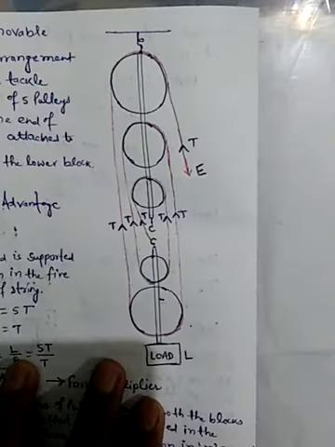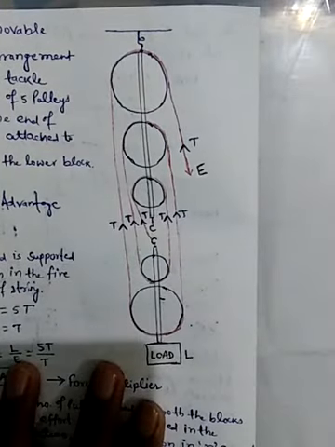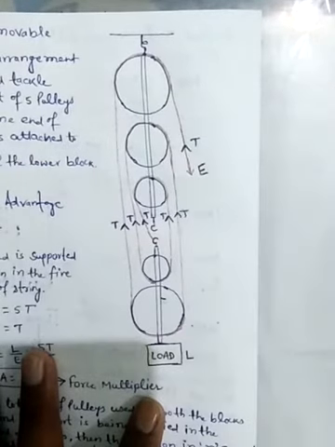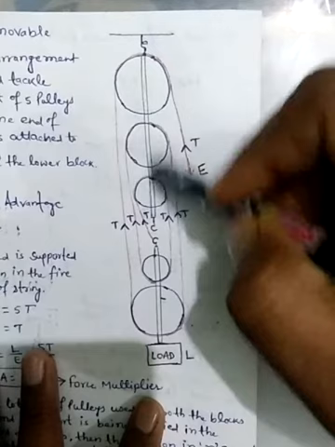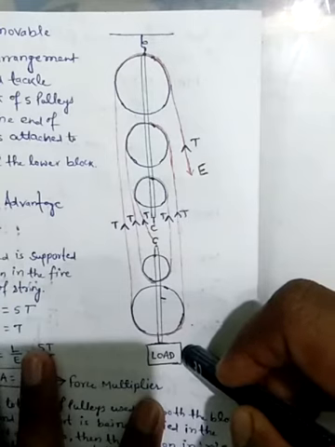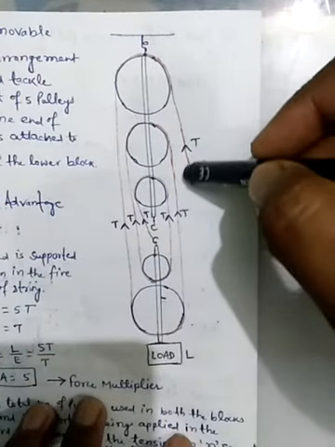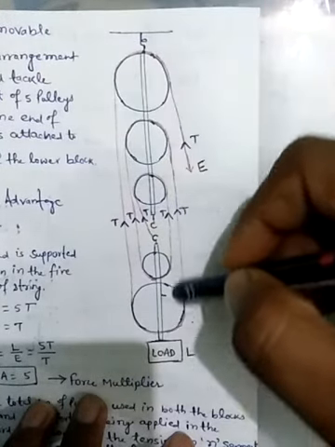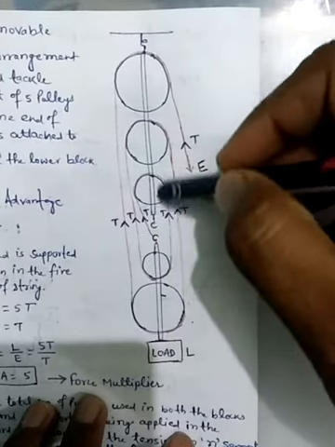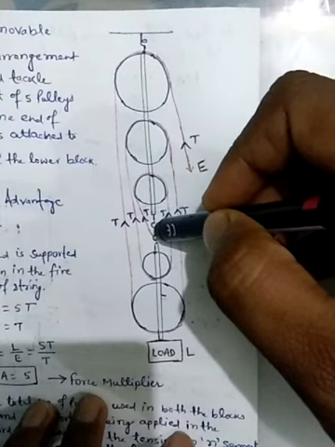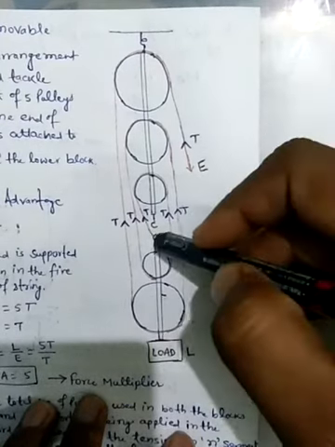Here is another example for block and tackle system in which the upper three pulleys are attached with the fixed end and the lower two pulleys are attached with the load, and a single string is passed over from here to here to here and connected to the load end of the pulley with the help of a hook.